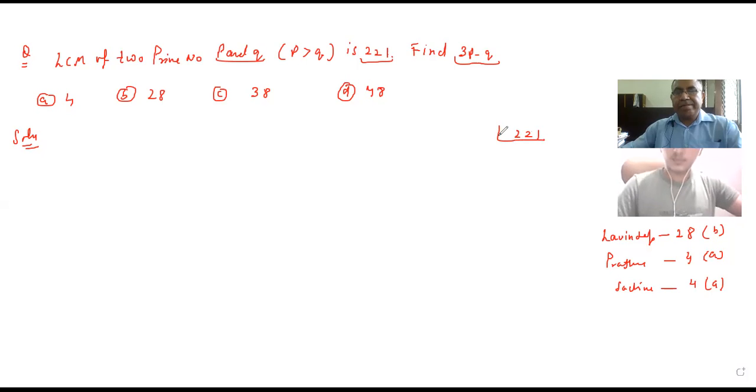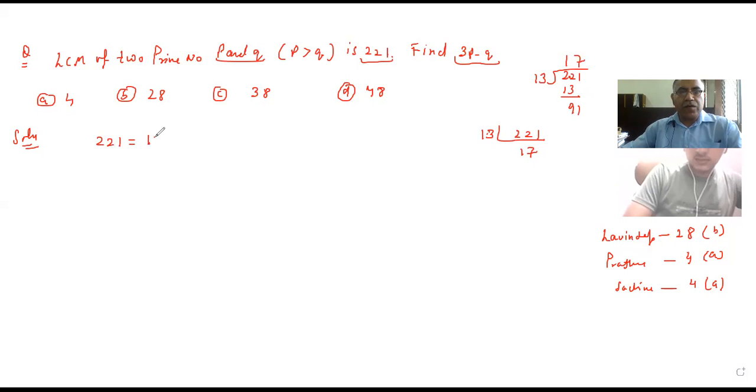Let it be 13. So 221 divided by 13, 17. Perfect. So 221 is equal to 17 into 13.